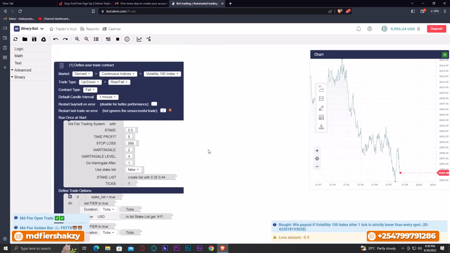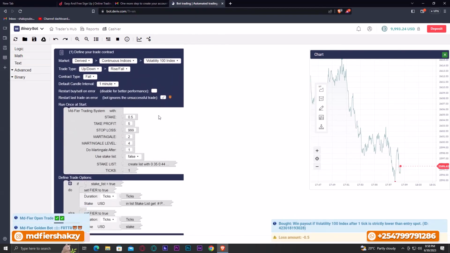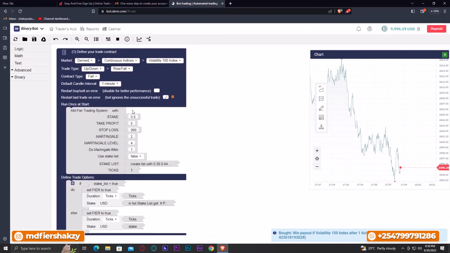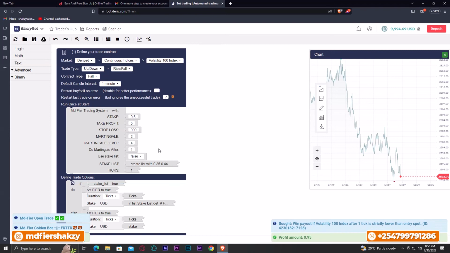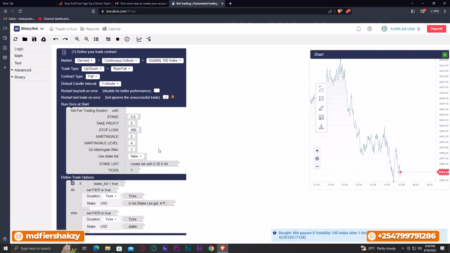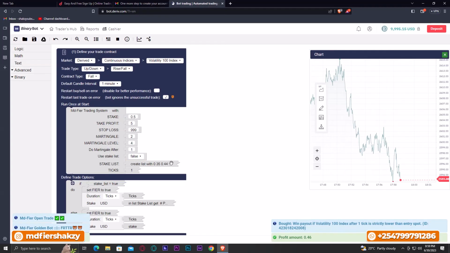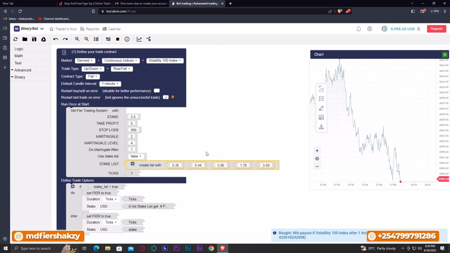So I've explained there, and then we have all these other settings. Now the basic settings are just these that you can see up here. These are the basic settings. The rest, if you get a bot maybe from me, I give you a trading bot, the only things you'll be changing are these. The stake list, a stake list is a risk management strategy.